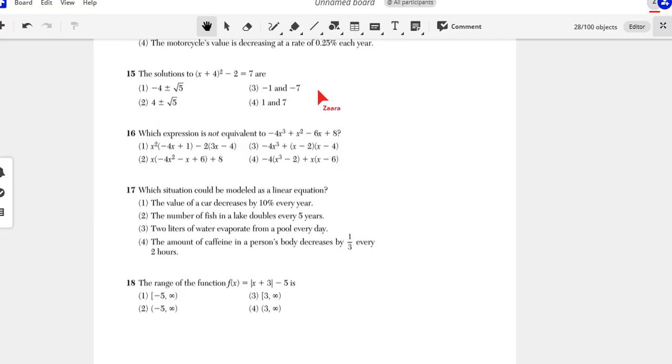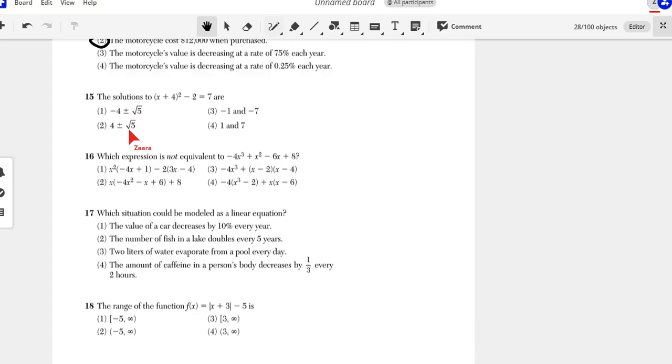Let me solve this if you are stuck. Very easy. You have to take this negative 2 to the other side of the equation. You will get x plus 4 squared equals 9. Take the square root. You will get positive and negative values. So x plus 4 is equal to positive or negative 3.